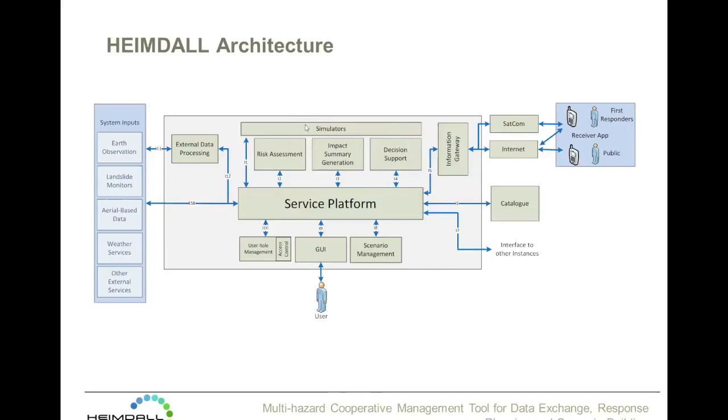We have a simulator module that consists of 3 simulators adapted to the 3 hazards we're considering. So basically we have a simulator for forest fire, for floods, and one for landslides.